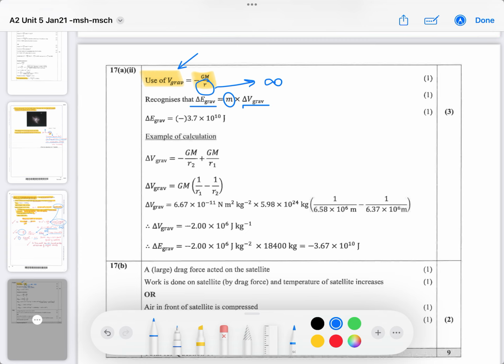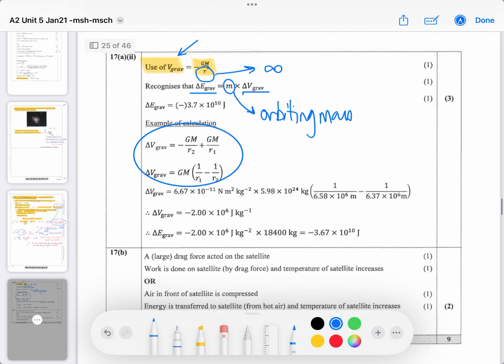If you multiply this equation by the mass of the orbiting object, you then get a change in potential energy gravitationally. This is what the next question is about, and this is why I'm saying watch those videos. He explains all of this maths really clearly, and his graphics are good, so it'll be a good thing to do if you find this kind of question difficult. And these are common questions.